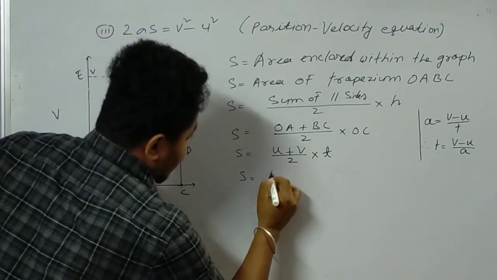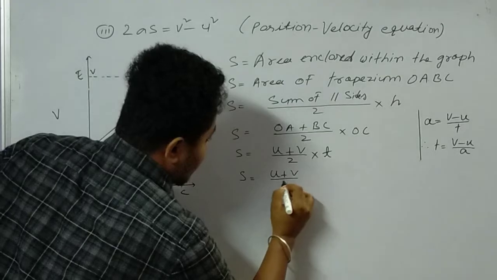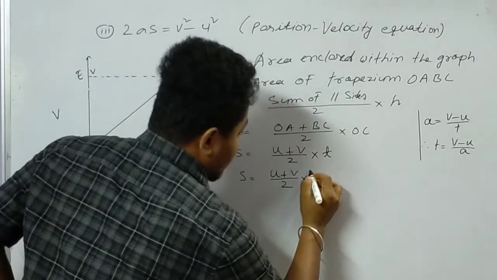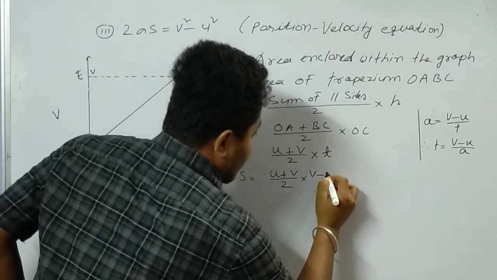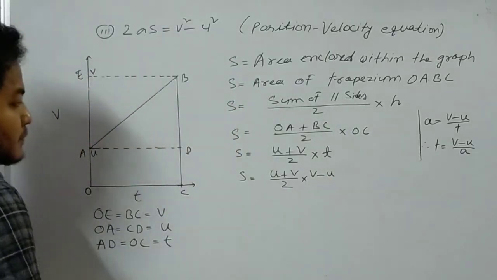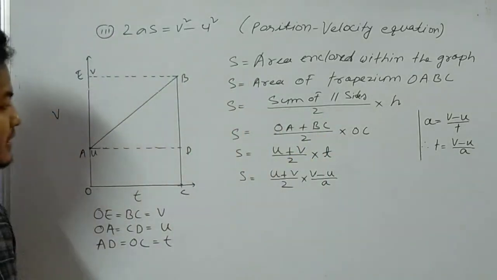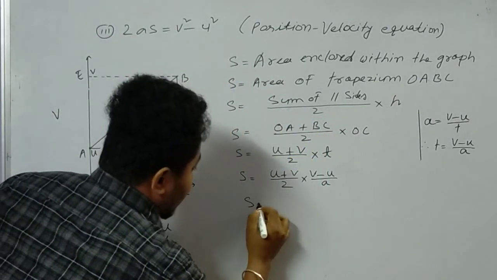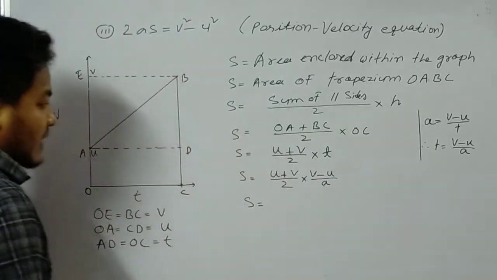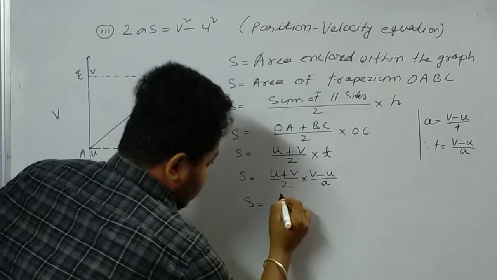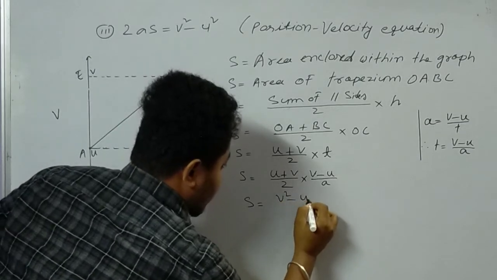S is equal to U plus V by 2 into the value of T, which you can put as V minus U by A. So S is equal to U plus V into V minus U, so it will be V square minus U square.